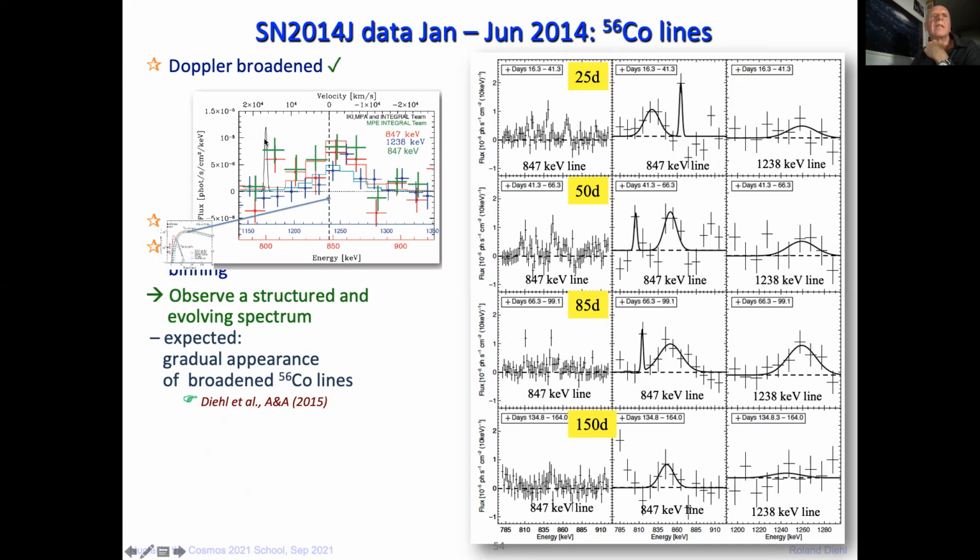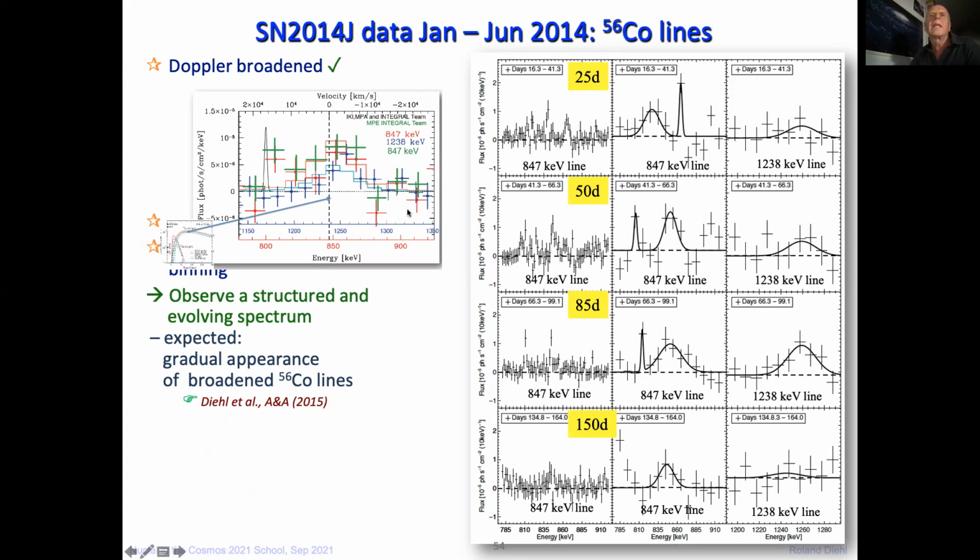And for comparison, this black line here shows the intrinsic spectral resolution of the instrument, which is the SPI spectrometer on INTEGRAL here again. Now, this is the time integrated signal over about 200 days.